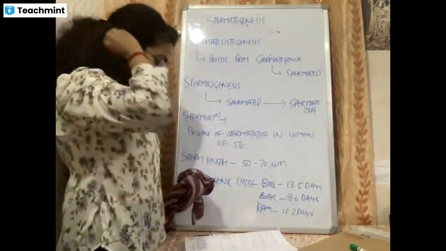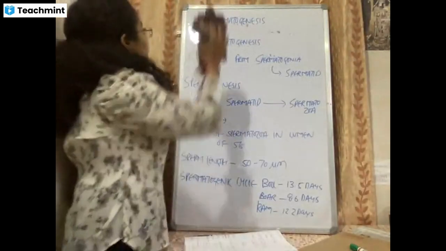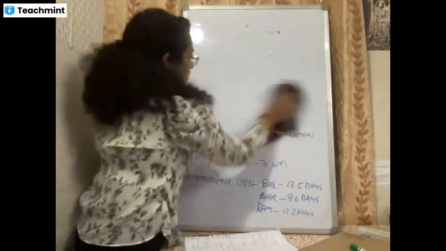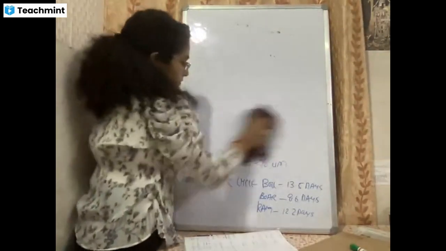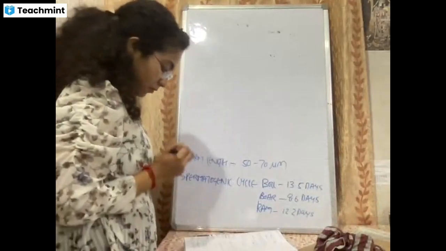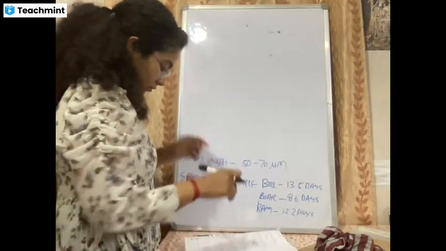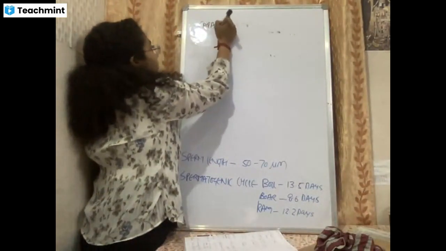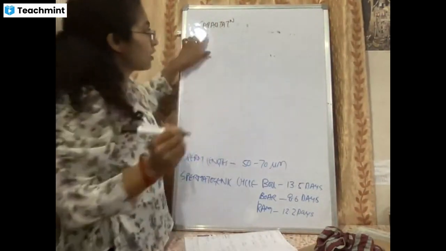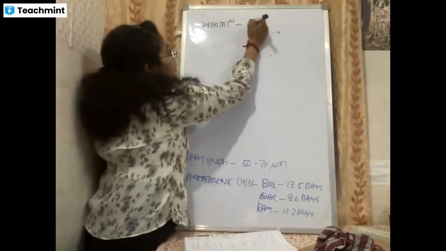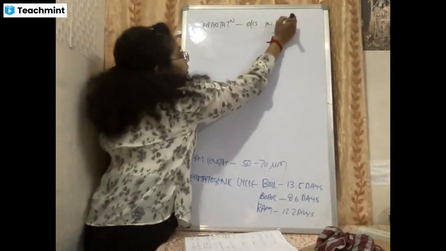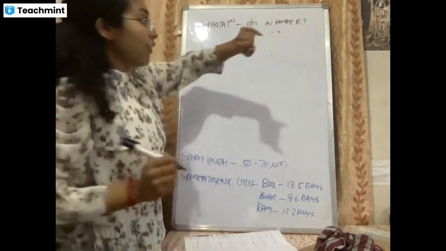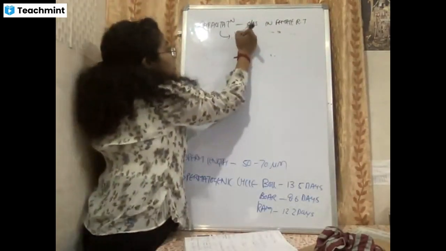Now we come to the next term, capacitation. Capacitation occurs in the female reproductive tract, in the isthmus.